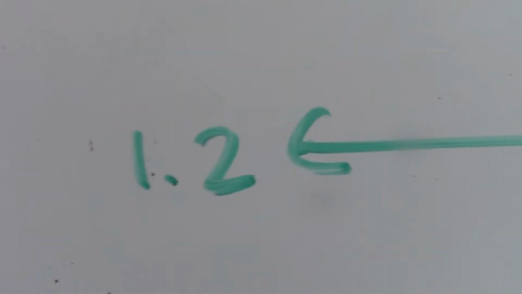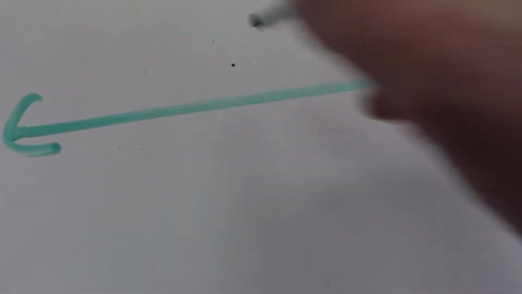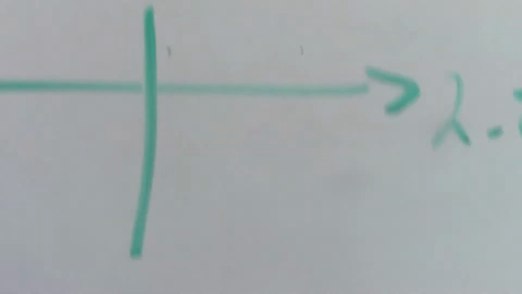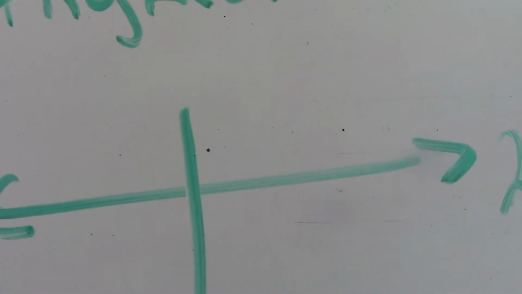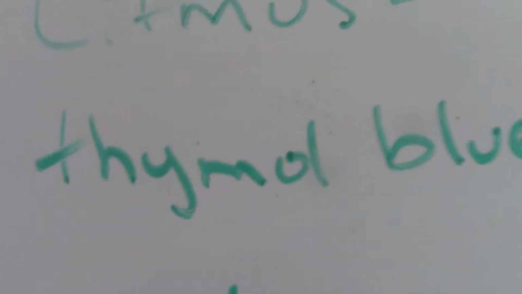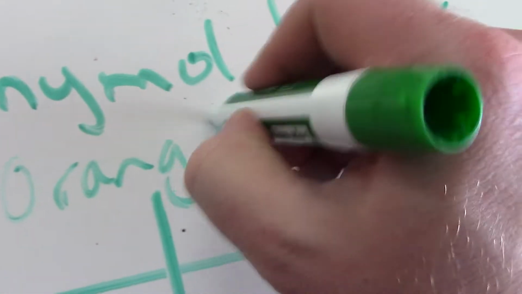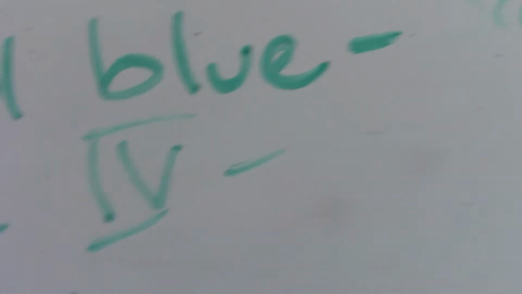Okay, so from 1.2 to 2.8. So we know that it was orange, so we know that the indicator must be somewhere in here. And then when I look at orange 4, which is the other one, it's orange for thymol blue, and then orange 4 is red.